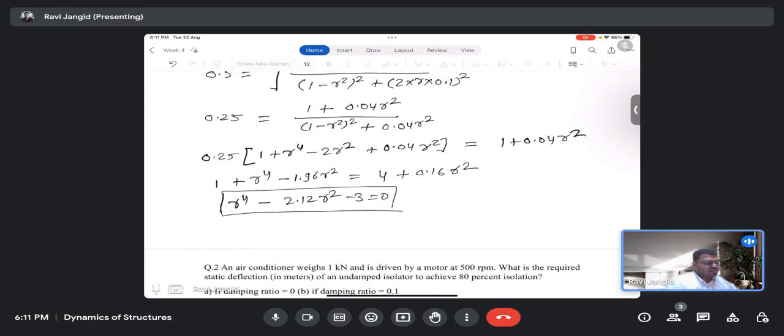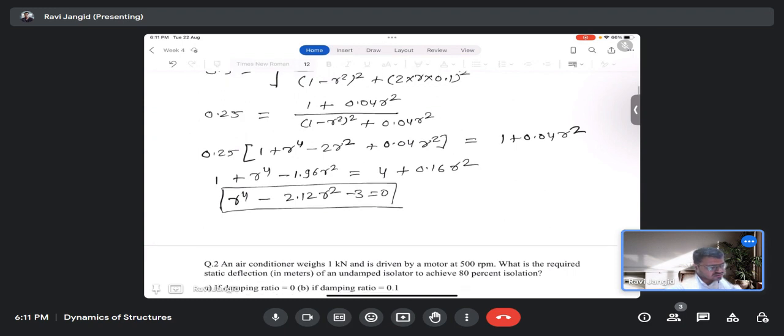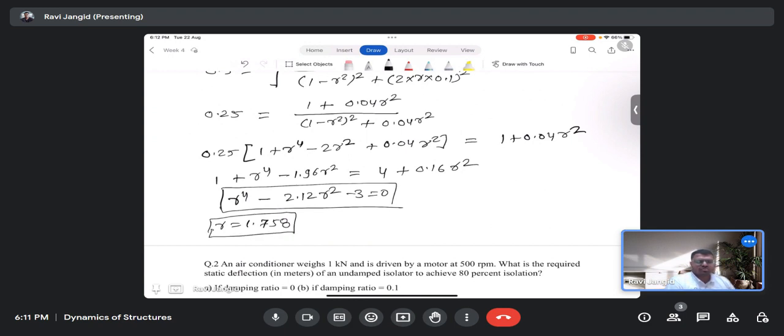If you solve this, you will find r is equal to 1.758. There will be two roots or might be four roots, but all might be negative. So the real root is this. This can be given as omega by omega n is equal to 1.758.